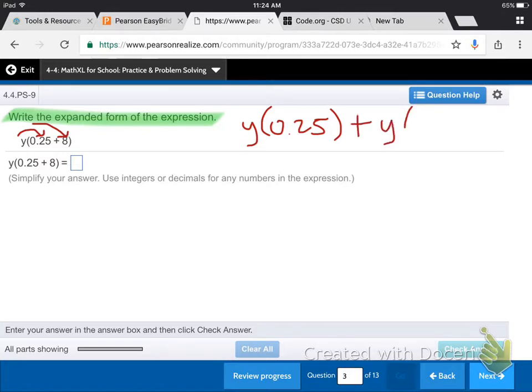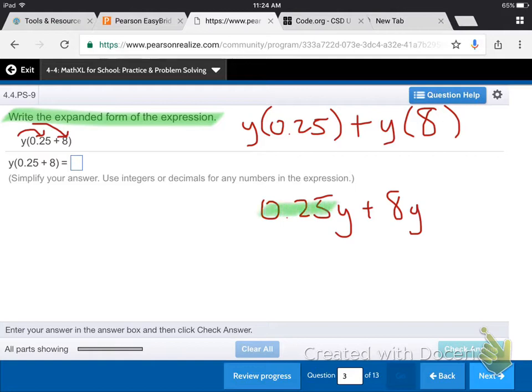Y times what? Now think about this, what goes inside the parentheses? You got it, 8. So that means when we multiply it, we're going to put the number in front of the variable. So it's going to be 0.25y plus 8y.